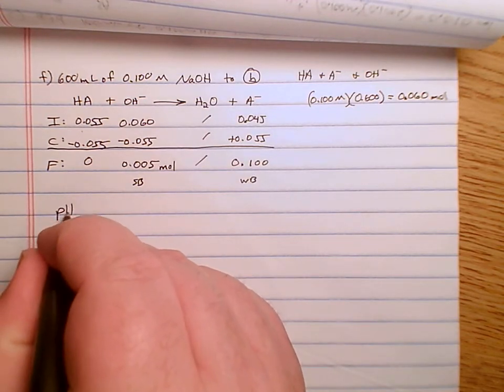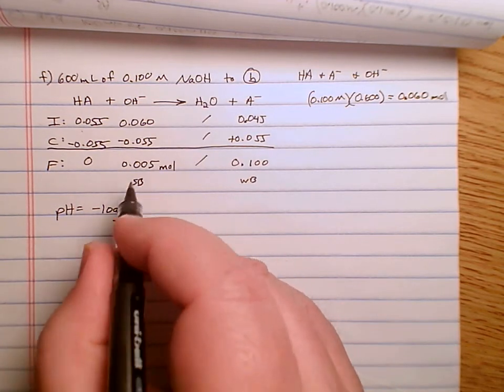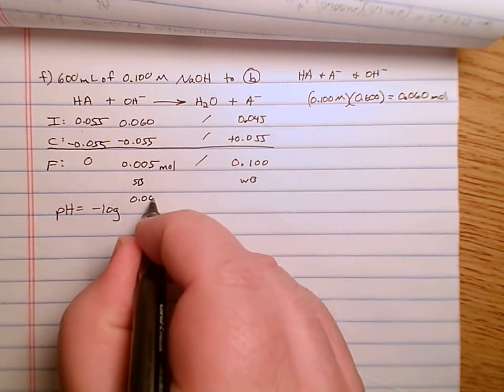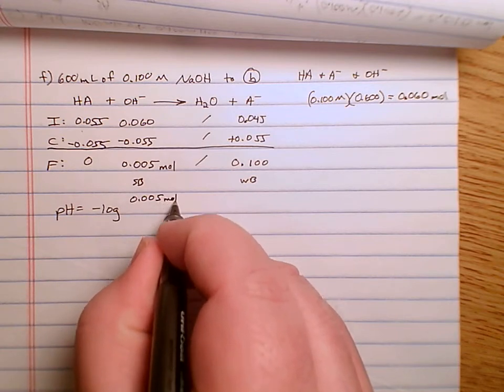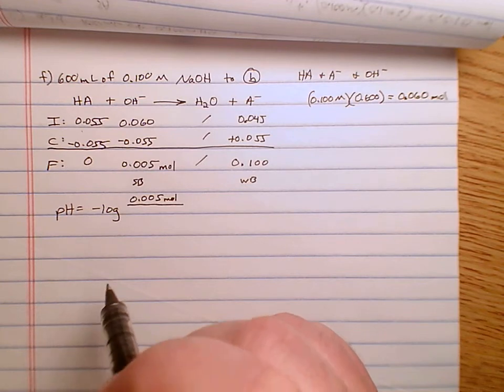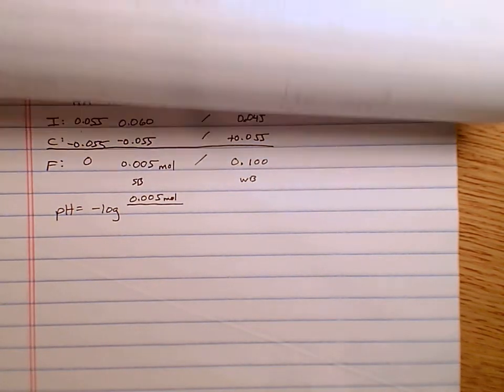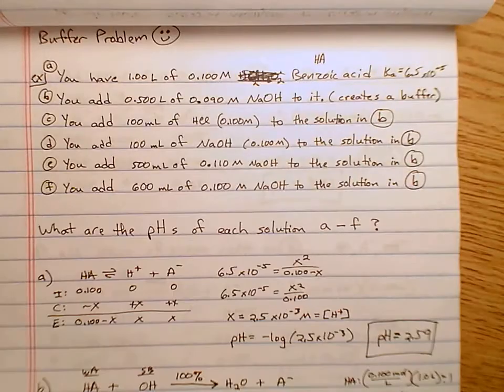Because pH will equal the negative log of the concentration, which I'm just going to write all right out here, 0.005 moles divided by, okay, what's our final volume? Well, recall we had the 1.5 liters from B. Man, that was 2 pages ago.